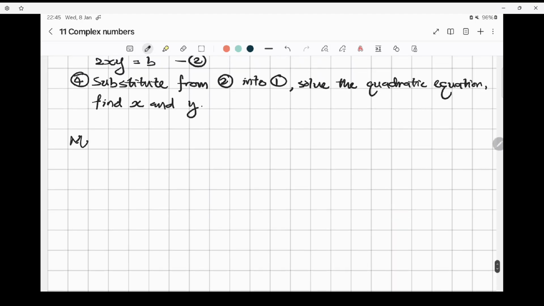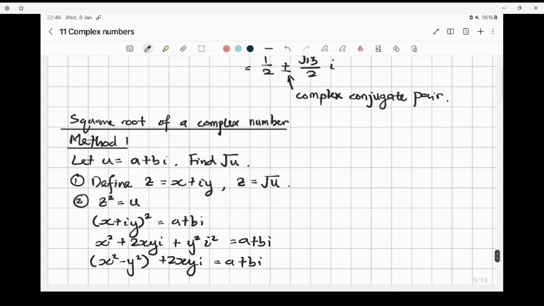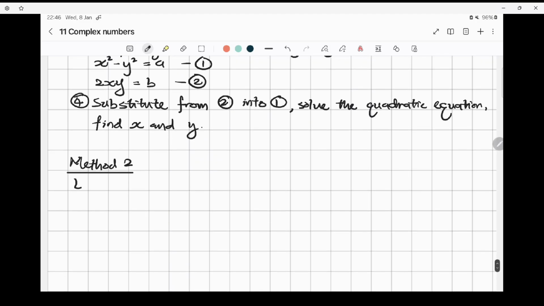The second method is not covered in the textbook, but in some sense it is a lot easier and it makes more sense, honestly speaking. The idea is that you have u equals a plus bi.